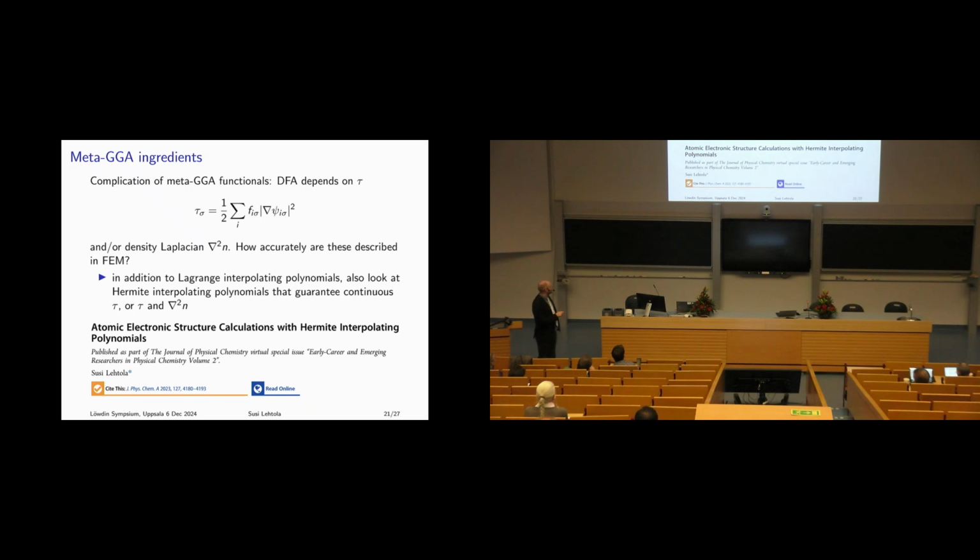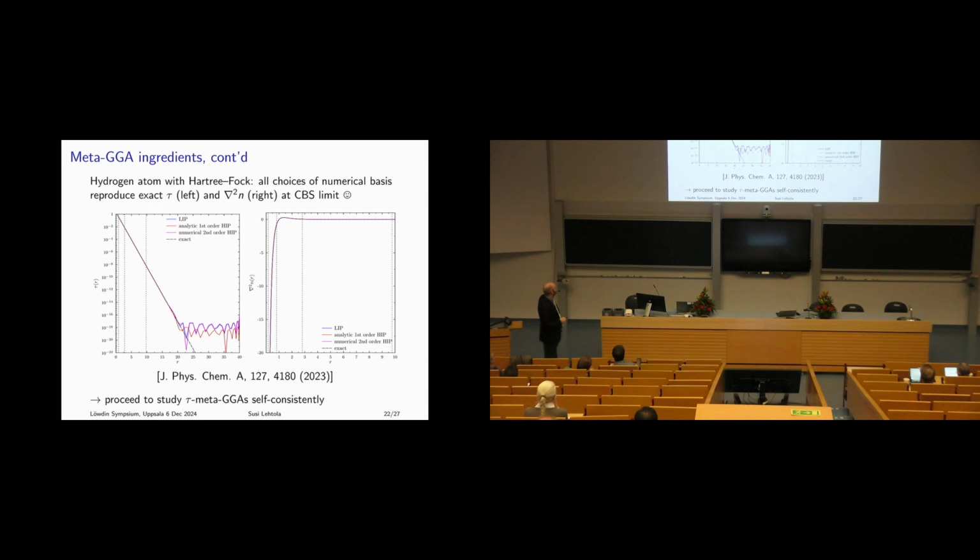So in this paper, I looked at Hermite interpolating polynomials, where you basically also force the derivative to be continuous. How does this work? If we do the hydrogen atom, we see that even the Lagrange interpolating polynomials give me the exact tau and the exact Laplacian when I'm doing Hartree-Fock.